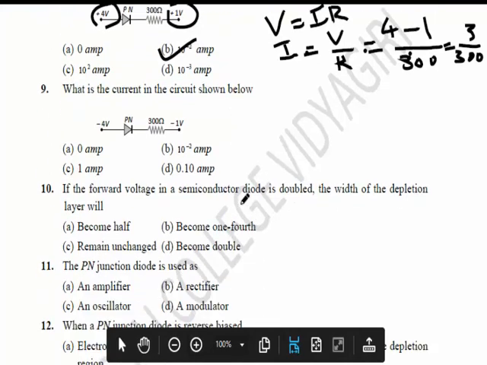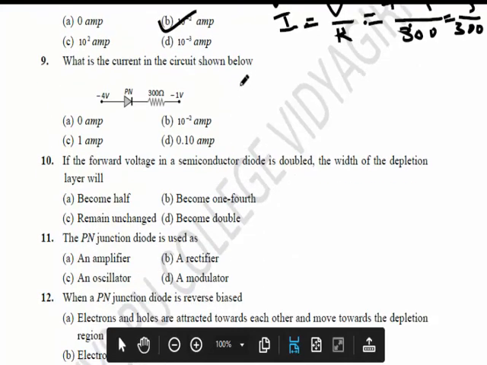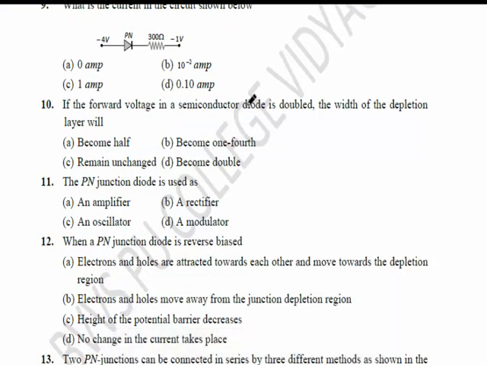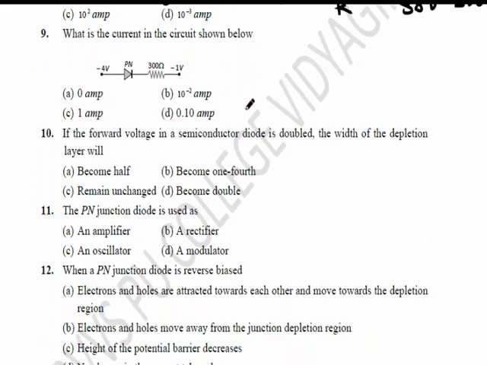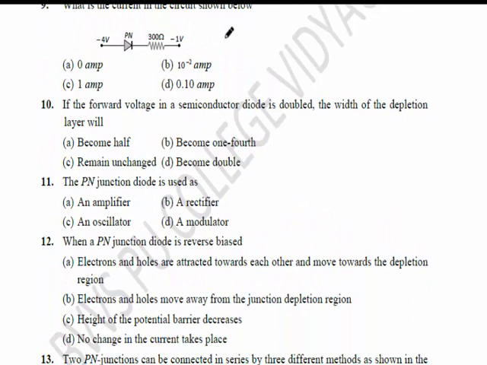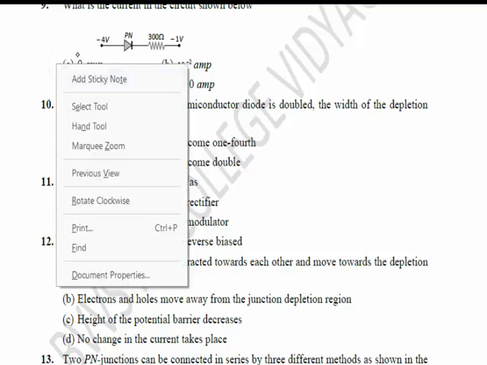Okay, next question. Ninth question: what is the current in the circuit shown? See here, the negative is connected to P. If more negative is connected to P, it is reverse bias. If it is reverse bias, the current in the circuit is 0.